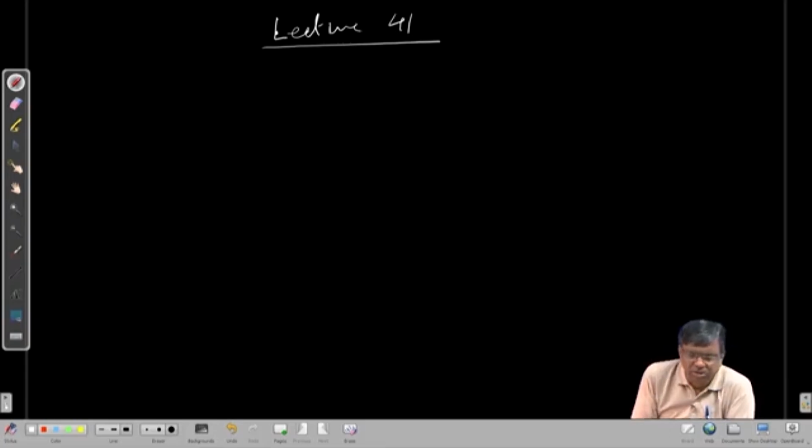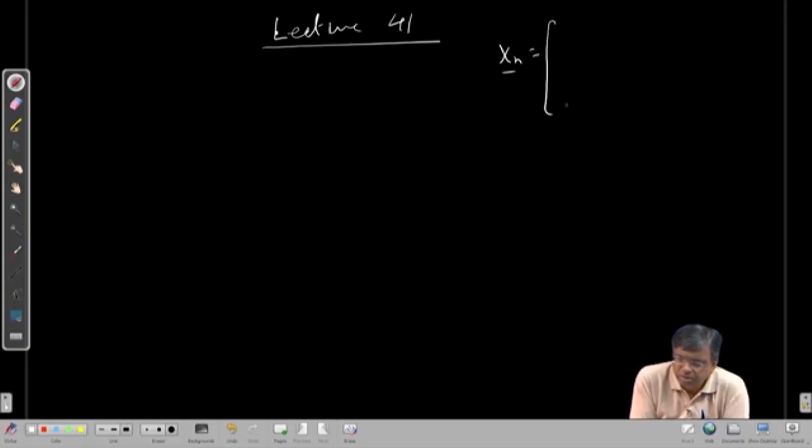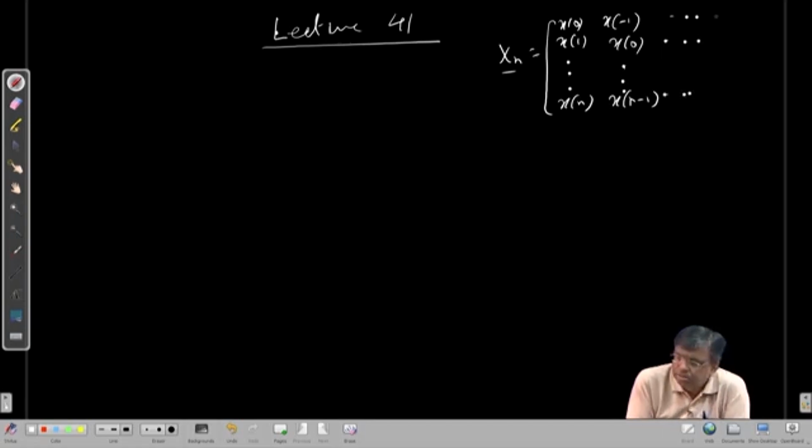One is that if you recall, we had the data matrix at nth point of time. The filter has p plus 1 coefficients, that is why p plus 1 columns.